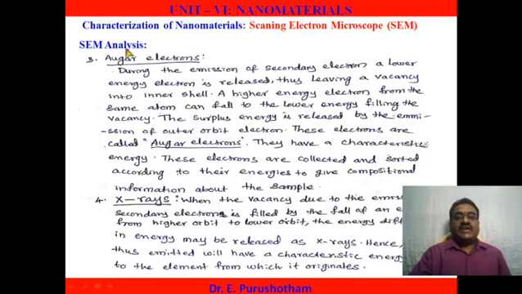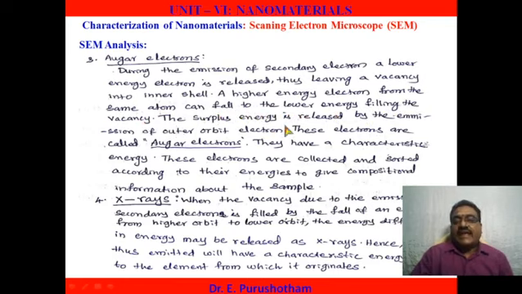So we can observe here, during the emission of secondary electrons, a lower energy electron is released, thus leaving a vacancy in the inner shell. A higher energy electron from the same atom can fall to the lower energy level, filling the vacancy.